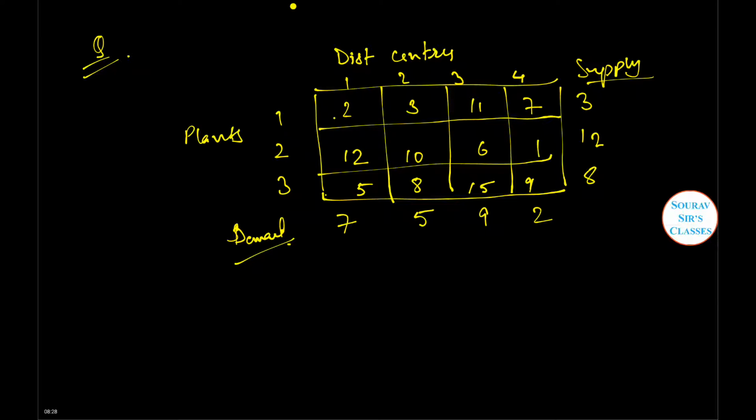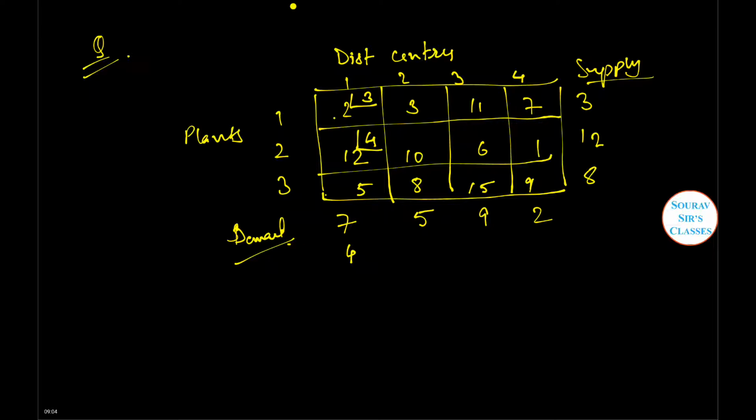Here the demand is 7, but supply is only 3. Hence we allocate the minimum, that is 3. And we see that the first row is fulfilled. Hence we move on to the first cell of the second row. Here the supply is 12 and the demand becomes 7 minus 3, that is 4. Hence we allocate 4 and we see that this column is satisfied.